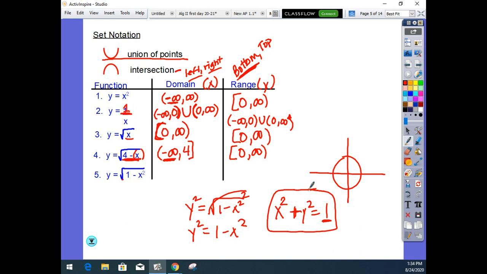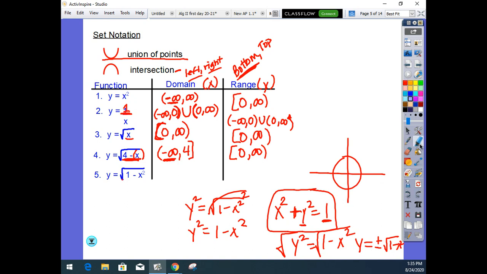Okay, let's work our way backwards. If we were to solve for y, subtract x squared and take the square root, one of the things I get really, really cranky about, when you take the square root of an equation like this, you always need a plus or minus.